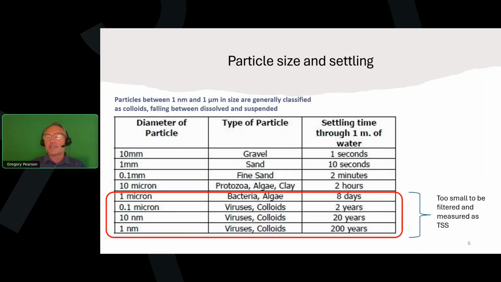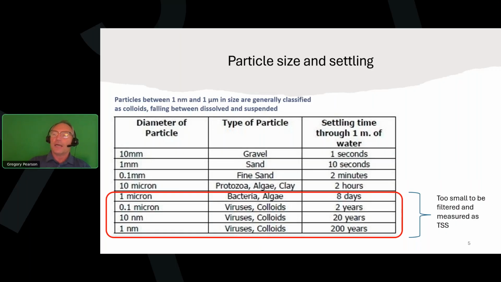In a suspended solids test, we filter the water through a very fine filter, and then from a known sample size of water, we weigh the particles that have been filtered. But these very small particles between 1 micron and 1 nanometer will not be captured in the filter. So we need another way to detect them, and we'll talk about that in a moment.